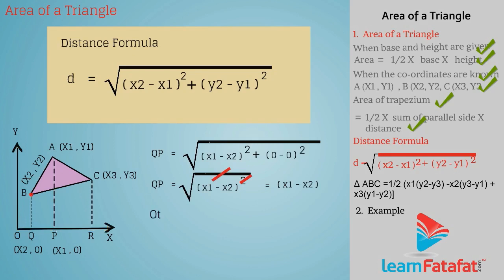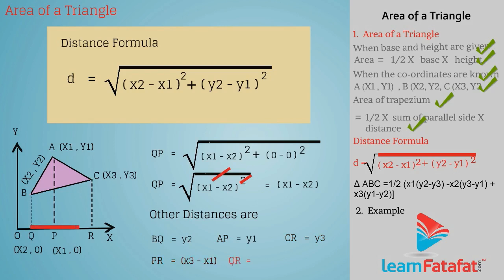Similarly, we can calculate other distances: BQ is equal to y2, AP is equal to y1, CR is equal to y3, PR is equal to x3 minus x1, QR is equal to x3 minus x2.